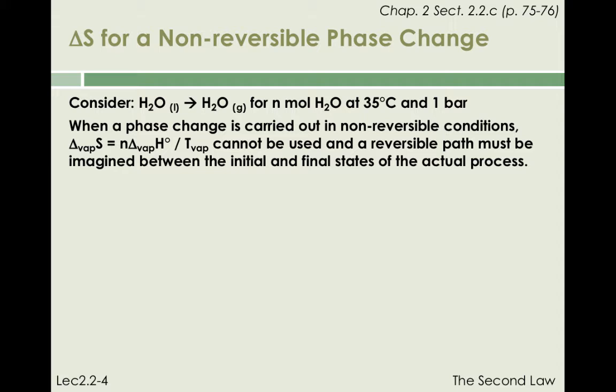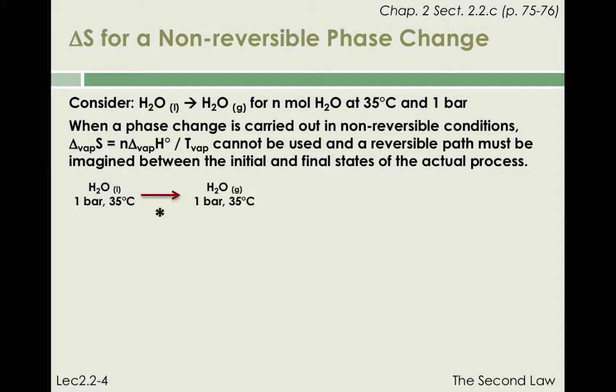divided by T. Instead, one must imagine a reversible path between the same initial state as the real process, here water liquid at 35 degrees Celsius and 1 bar, and the same final state of the real process, here water vapor at 35 degrees Celsius and 1 bar.